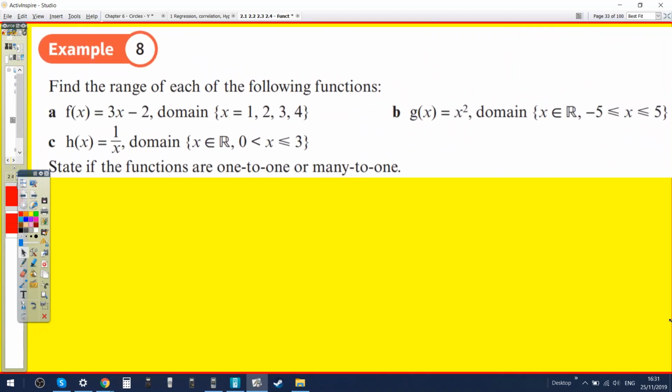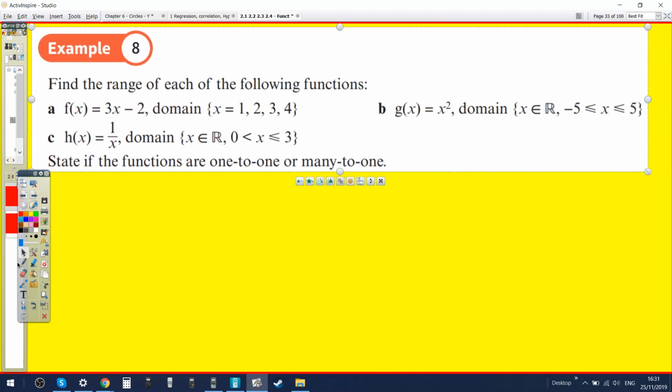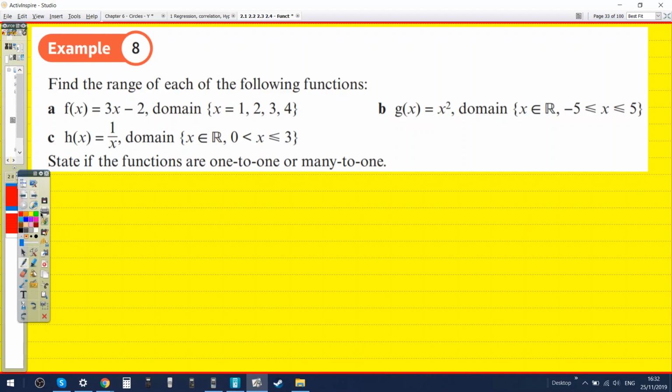Okay, let's try this. Do you already know domain and range? The domain is the x input, and the range is the y. And so for each of these you have to find the range. I think you can find the inverse function and the domain of the inverse is the range.